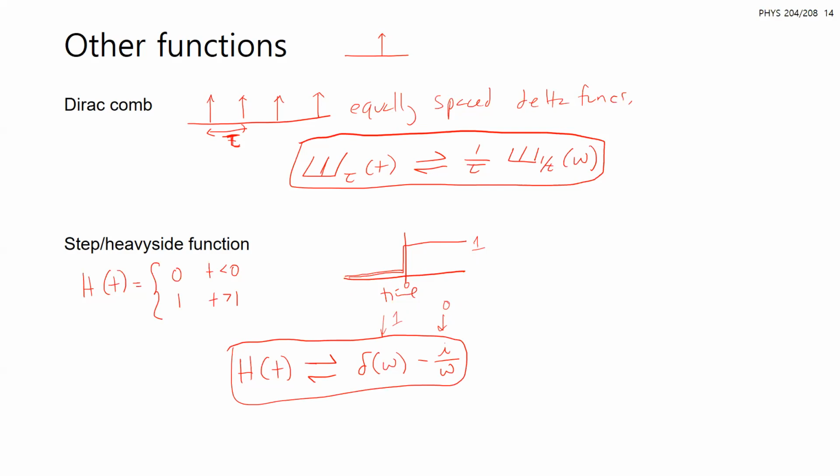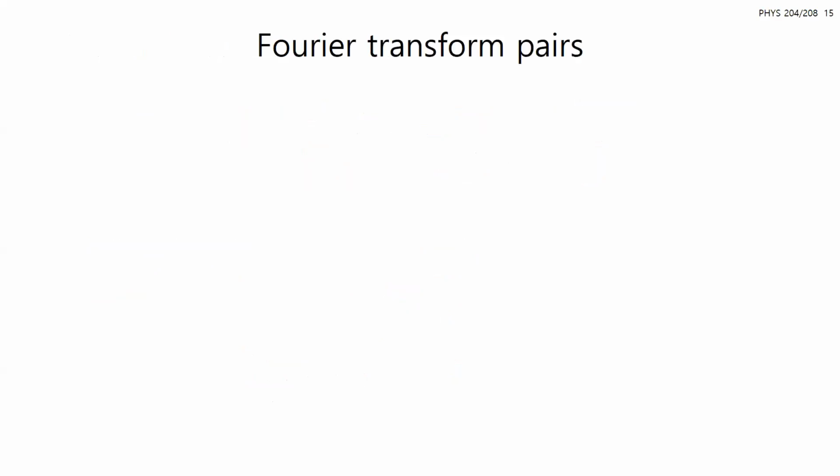So going over all these functions that are useful to know, let's go over what these functions are with their Fourier pair. If we have a sine, we didn't derive this today, but we talked about it in the last class. If you have a sine wave that has just a single frequency component, what would its Fourier pair be? Think back to last lecture where we did that sound wave.